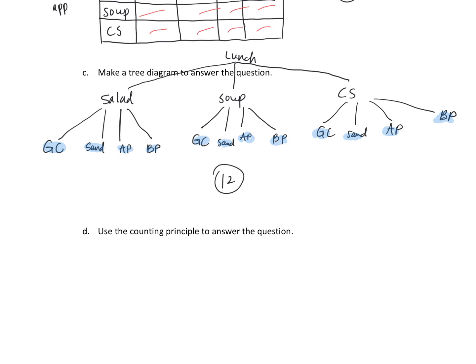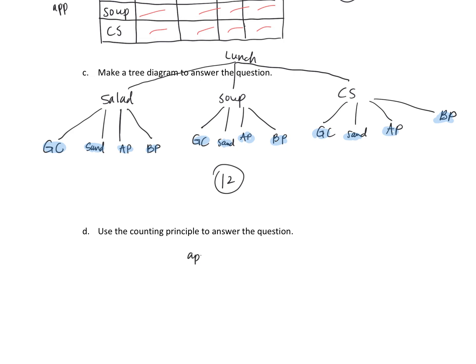So this one will work for as many categories as you have. The appetizer, the entree, you could have a dessert, you could have a drink, etc. So the tree diagram is a better way to organize, especially if you have more than 2 categories. But again, it's not realistic if you have a bunch of items within each category. So what you really want to do is look at using this last method, which is the counting principle, and all you have to do is multiply the number of items within each category.